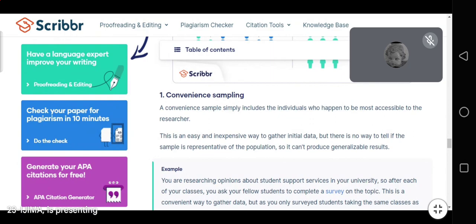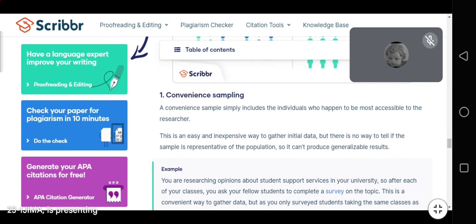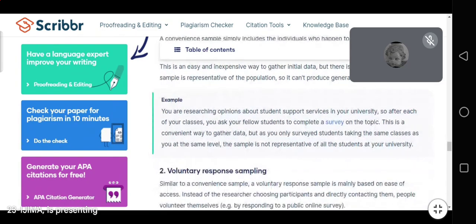So it involves collecting samples or data that are near to the researcher. Our example here is you're researching opinions about student support services in your university. After each of your classes, you ask your fellow students to complete a survey on the topic.